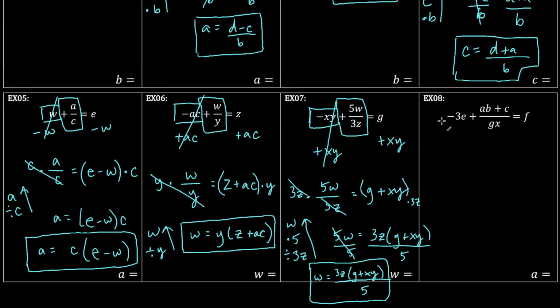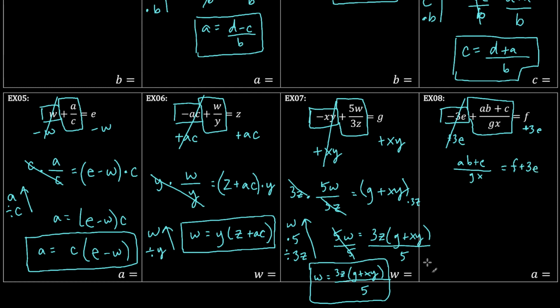All right, one more to go. So let's box our terms. And we are looking for a, so get rid of the other term. Plus 3e. So ab plus c over gx equals f plus 3e.